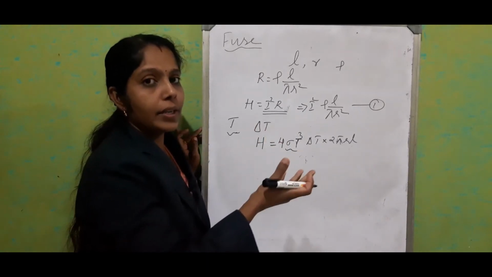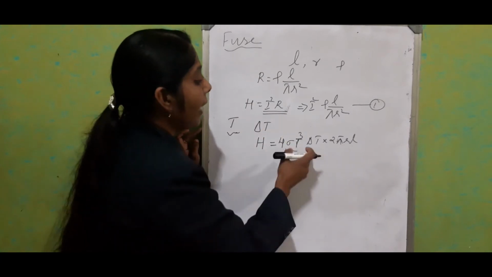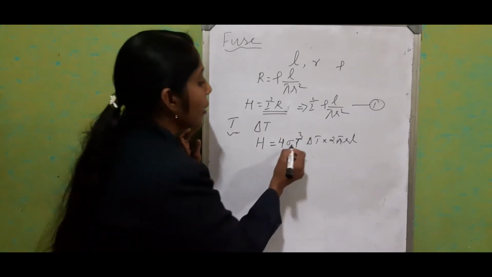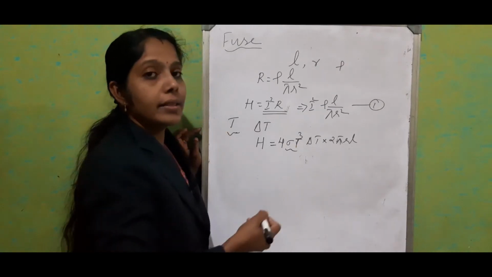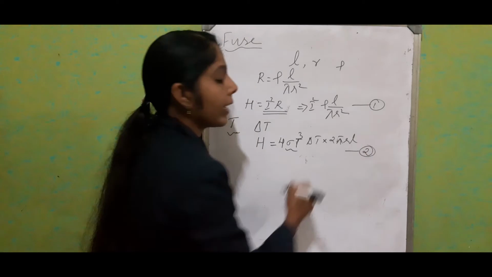As the temperature increases, it experiences a heat loss due to radiation, and sigma is a constant related to the radiation. Consider this as the second equation.